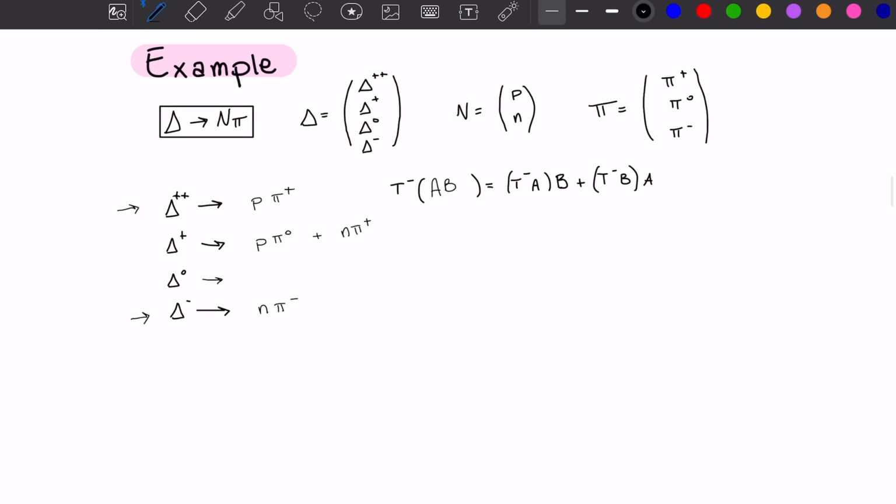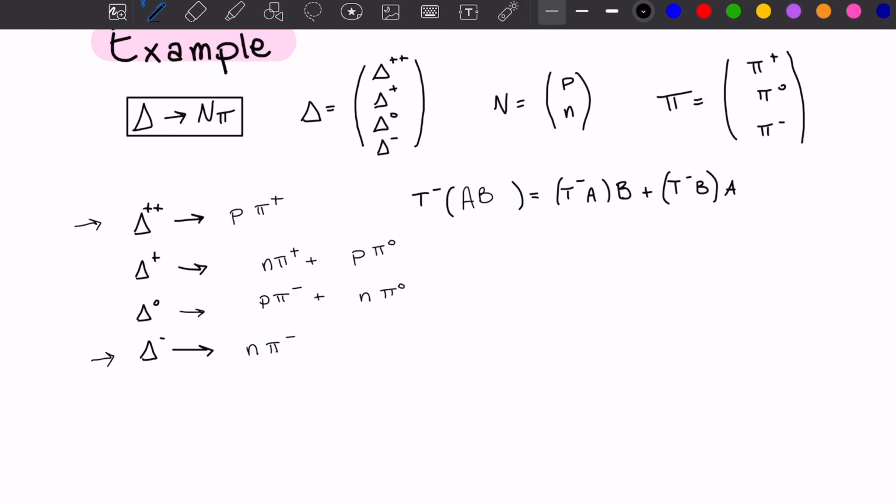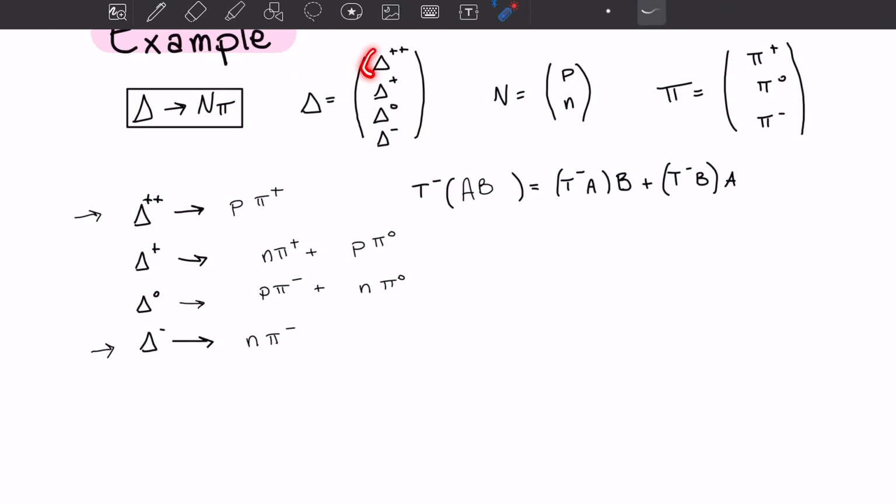Then we need to do the delta 0, and delta 0 can either be the neutron with the pion 0, or it could be the proton with the pion minus, because the charge again has to be conserved. I like to start on the highest projection, so we're going to start from delta plus plus and move down in order to find delta plus, and then we're going to go from delta minus to find delta 0 by applying the plus ladder operator.